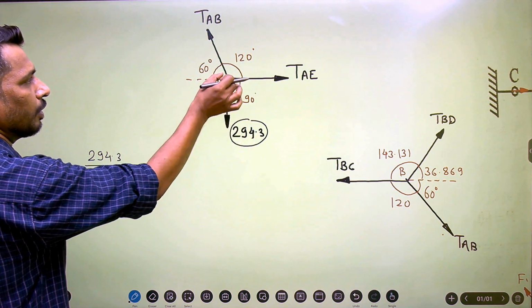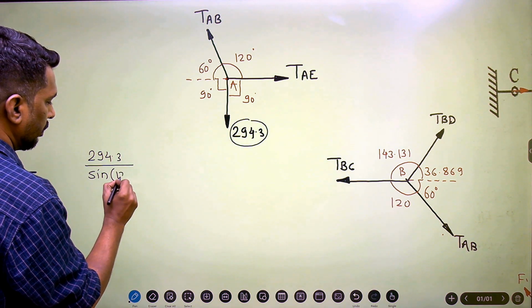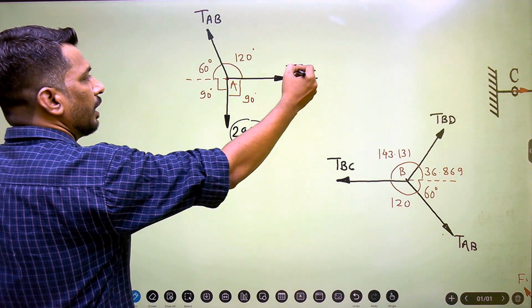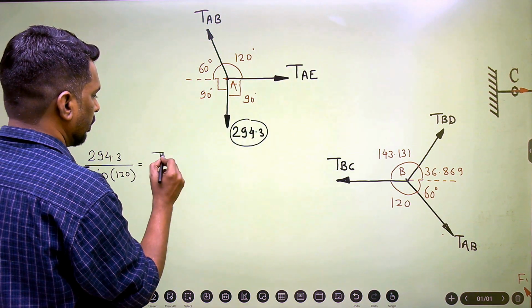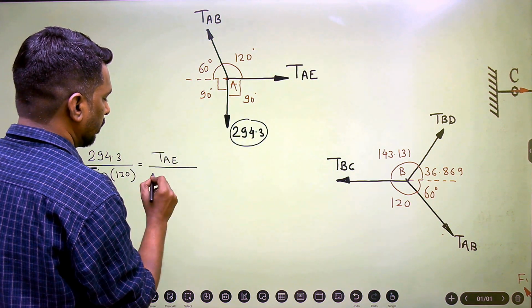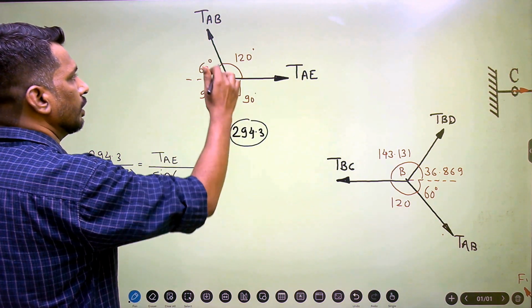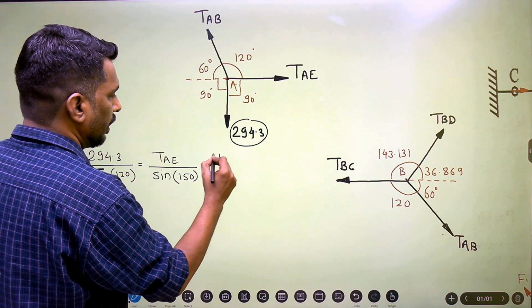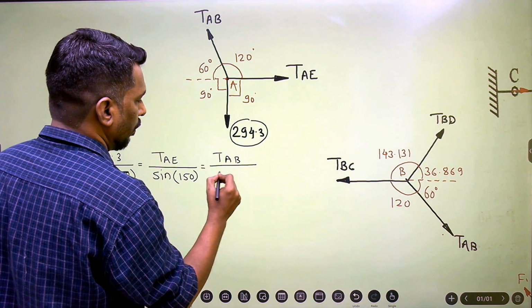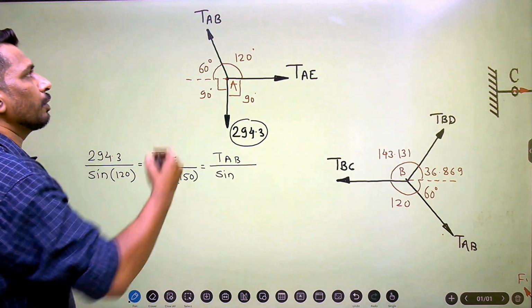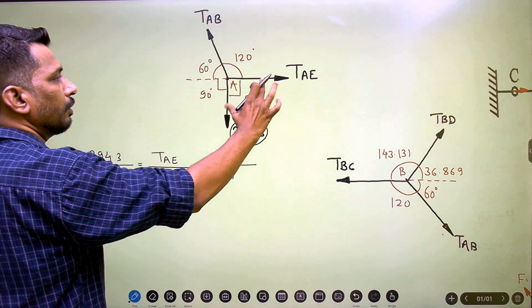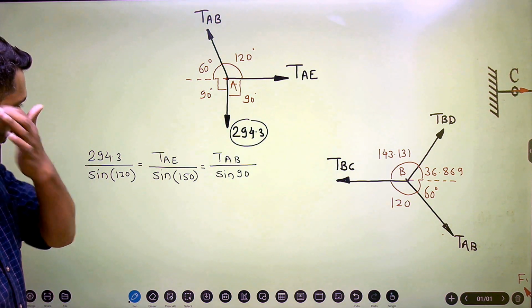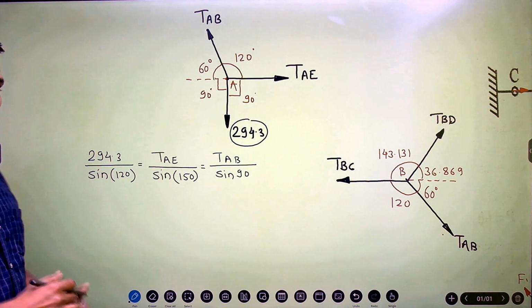If I consider this one, other two forces are this, so 120, which is equal to TAE upon sine of angle between other two forces, that is 90 plus 60, so it is 150, which is equal to TAB upon sine of angle between other two forces. If I consider TAB, the angle between other two forces is 90 degree. So here, now equation is formed. Now we'll go for the unknowns one by one.